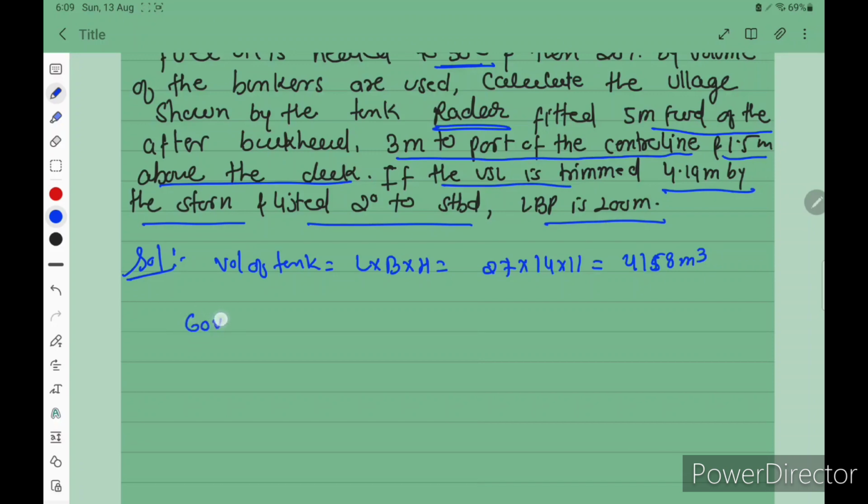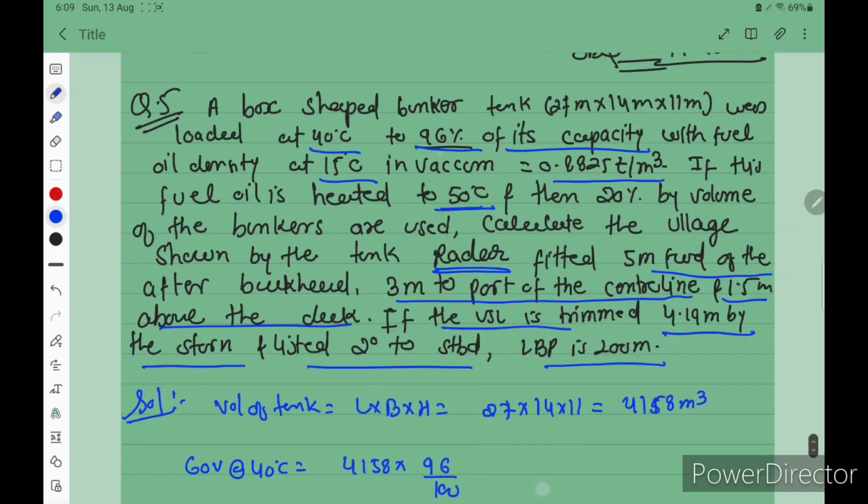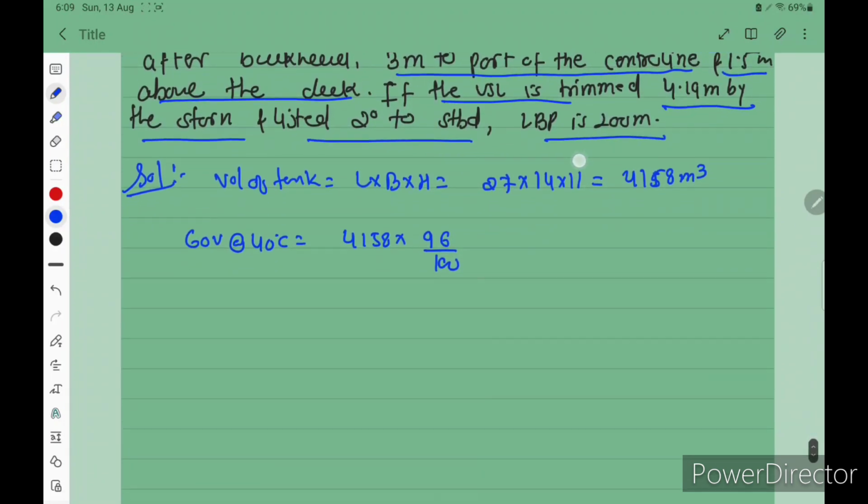Now gross observed volume at 40 degrees centigrade is equal to 4158 into 96 divided by 100, because it is 96% of its capacity, so we have to calculate the 96%. After calculation, 3991.68 meter cube.